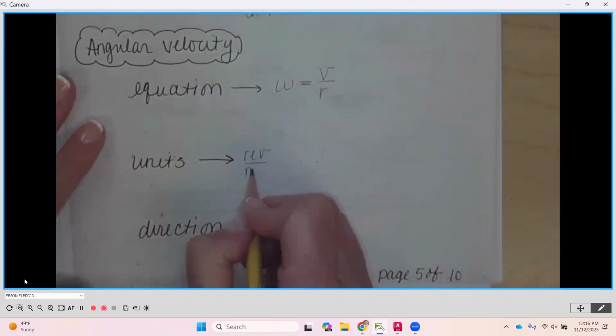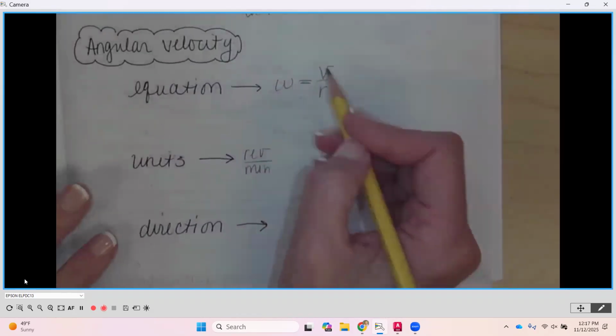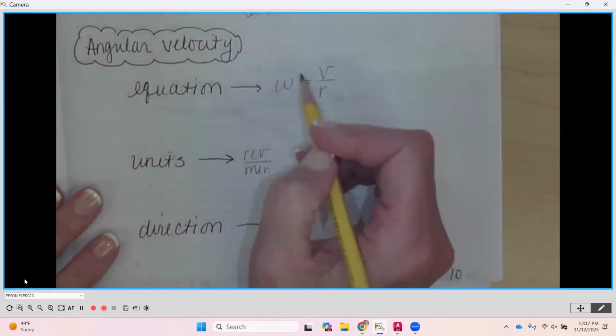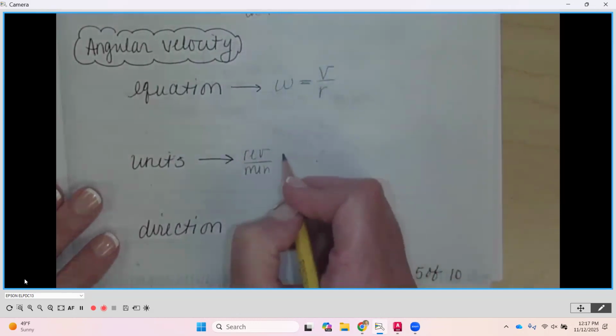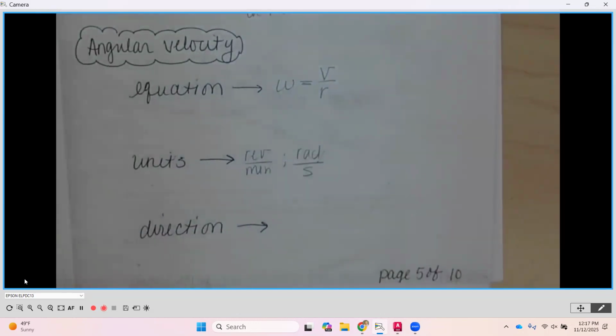I like how you wrote it, revolutions per minute. The other units that we found out about, in and out of this equation, are radians per second. Those are the two units that we're going to be using for angular velocity. And that is consistent in both English units and in metric units.